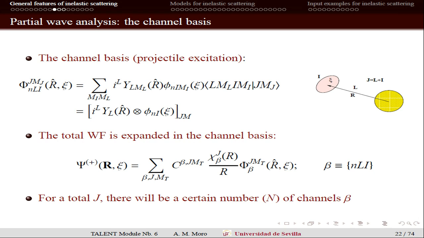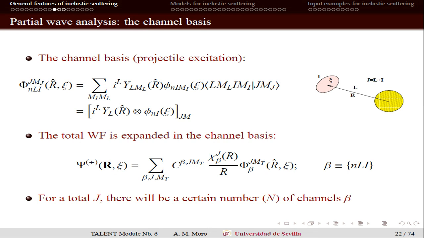So again, just to set our notation to make it clear, now I'm switching to projectile. So we have a projectile with internal angular momentum capital I, with some internal degrees of freedom. This is the target, and the L is the orbital angular momentum that corresponds to the relative motion.